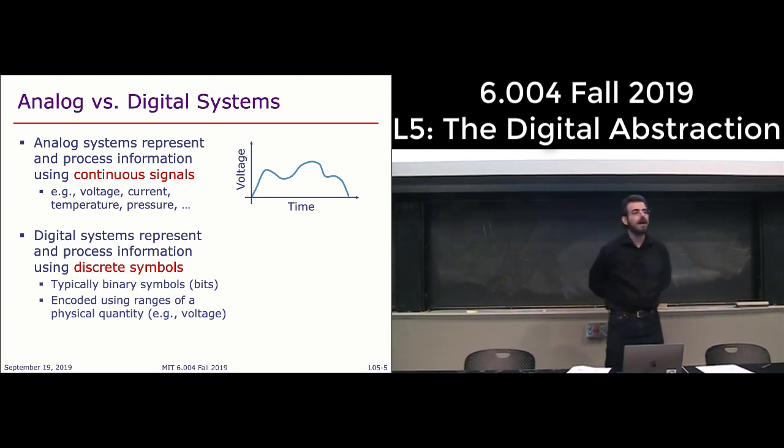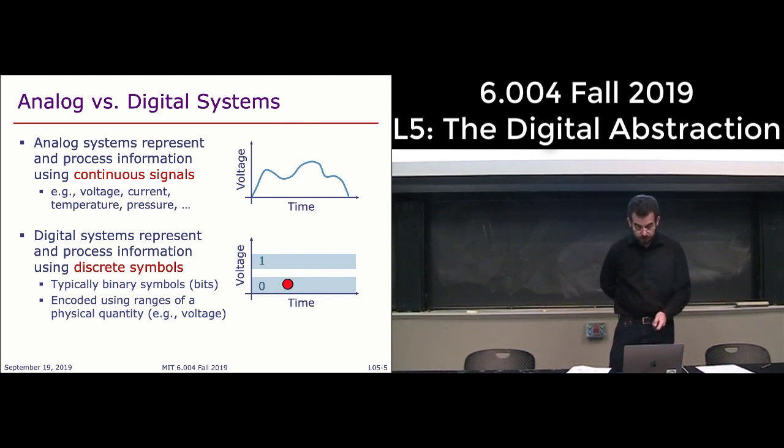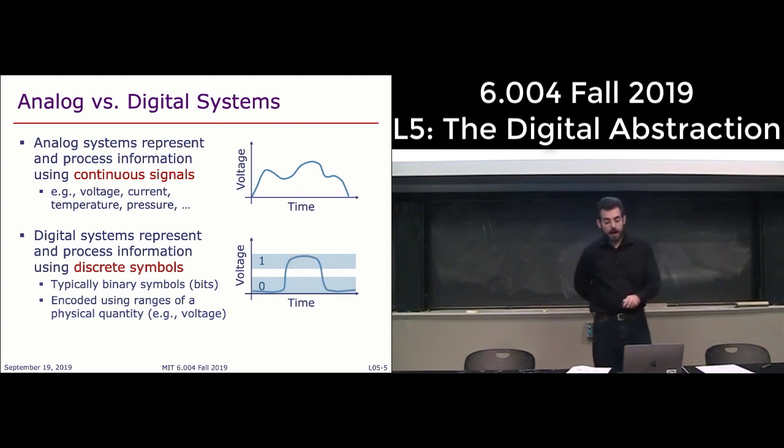So we're going to encode these digital values using ranges of a continuous physical quantity. For example, we can choose a range of voltage levels to represent a 0, right? And a range of voltage levels to represent a 1. And now we can encode information as a waveform that goes through these ranges, right? So this waveform would be encoding 0, 1, 0.